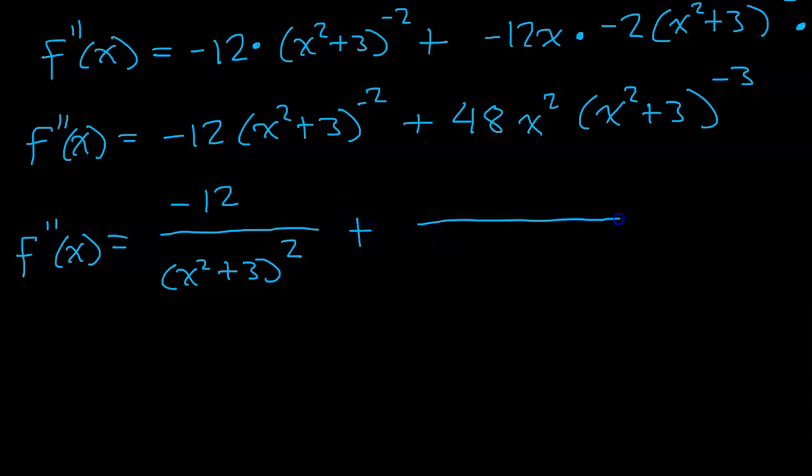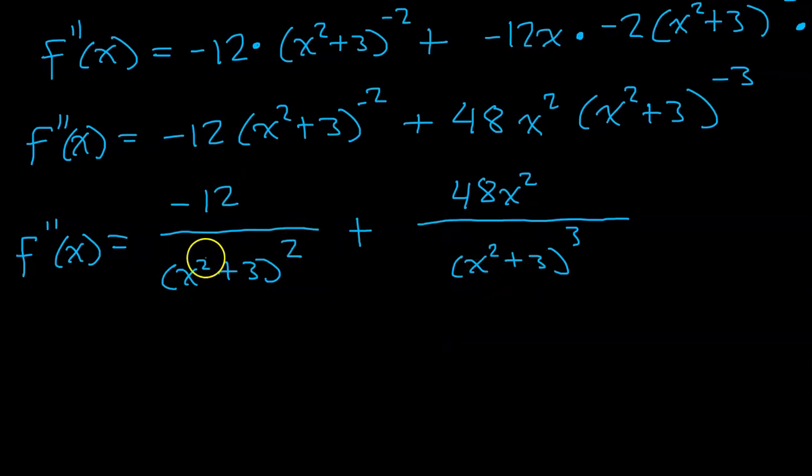All right, similarly, the 48x squared will be in the numerator. And this part will end up in the denominator because of the negative power. So I will have x squared plus 3 cubed.